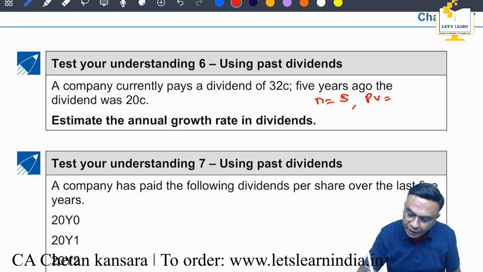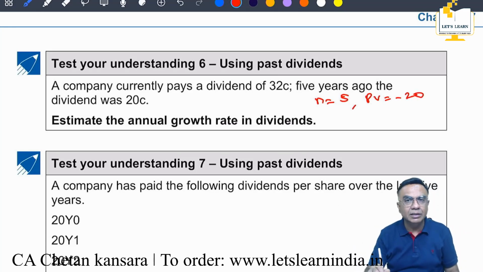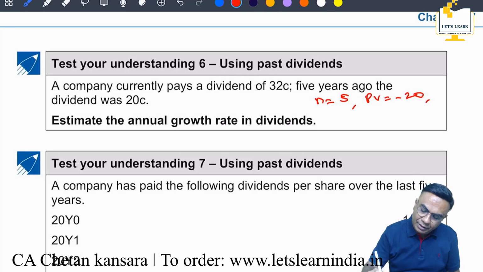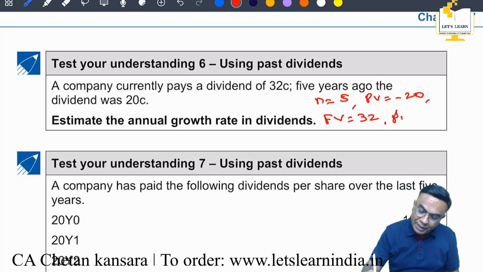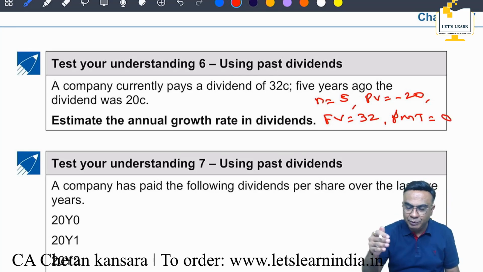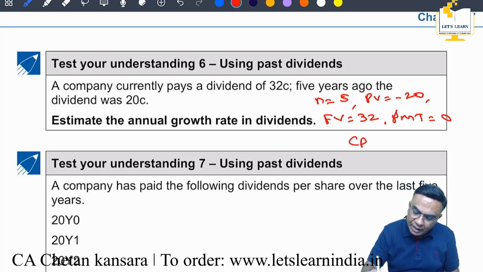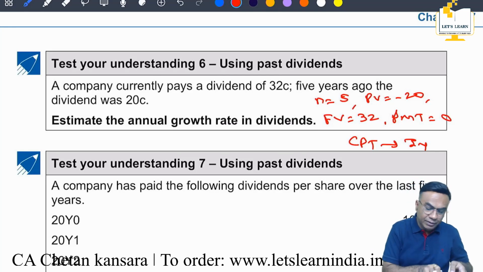So PV, you take negative 20. Then future value you will take 32 positive. PMT, payment, you will take nil because there is no payment between the years. Compute IY.